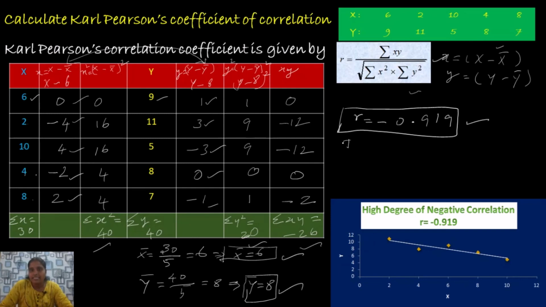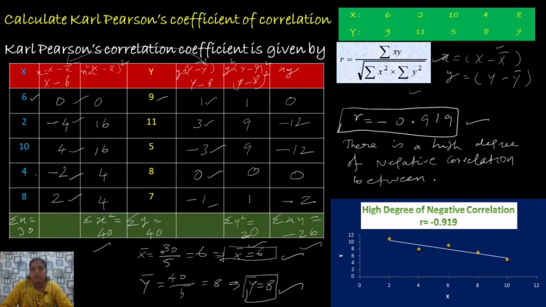So R is equal to minus 0.919. So there is a high degree of negative correlation between the two variables x and y.